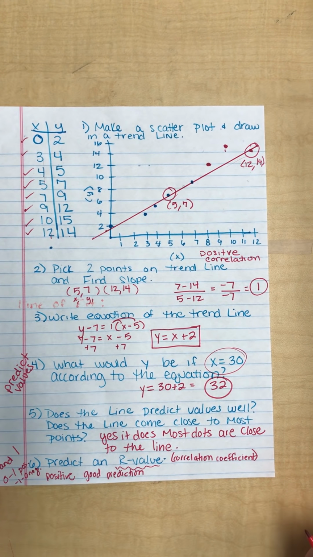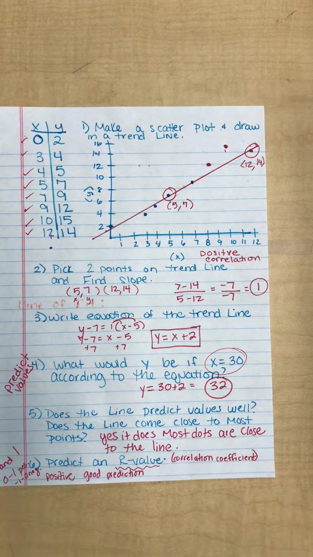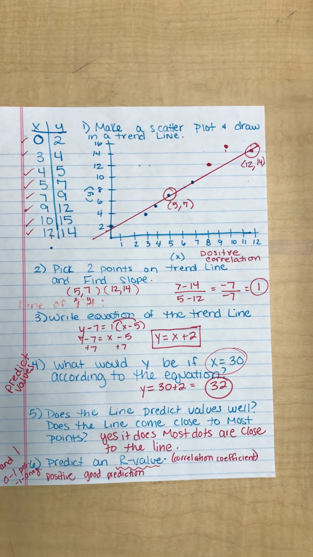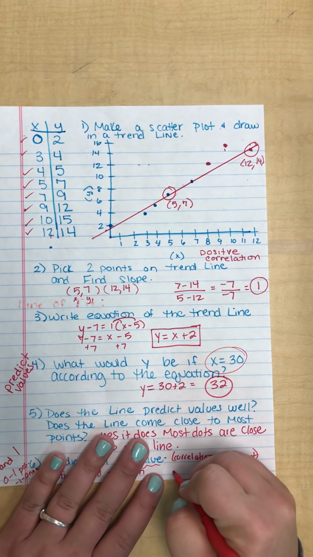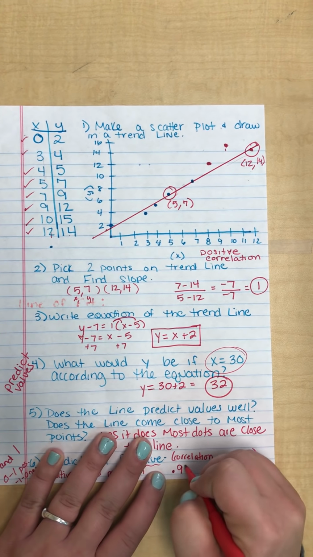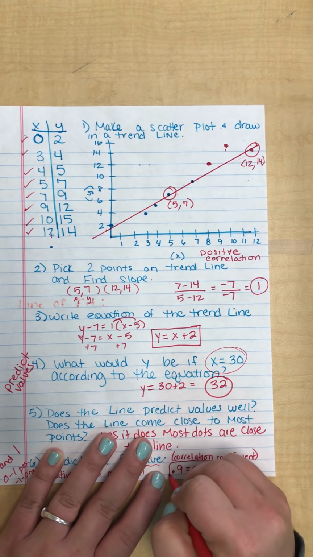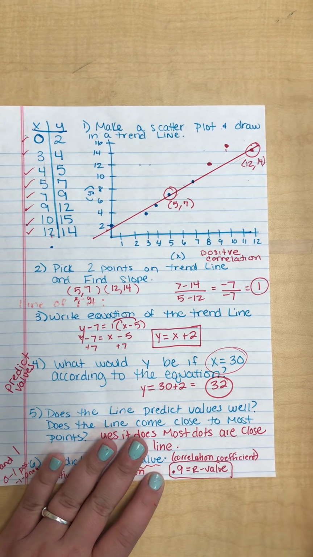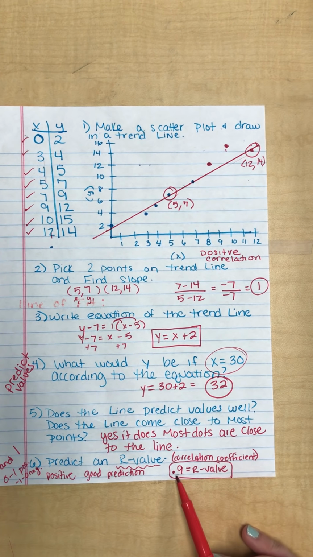The closer to -1 or 1, in other words the bigger the decimal, the stronger the correlation. So this is a pretty strong correlation, and I'm going to say that 0.9 would be a good R value. It's positive, so we used a positive value, and it's strong, so I used a decimal close to 1.